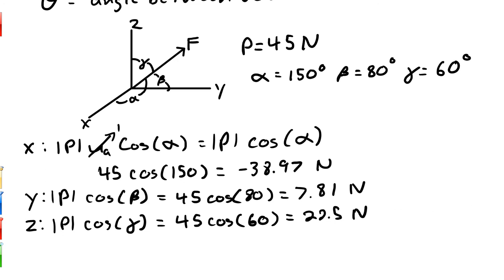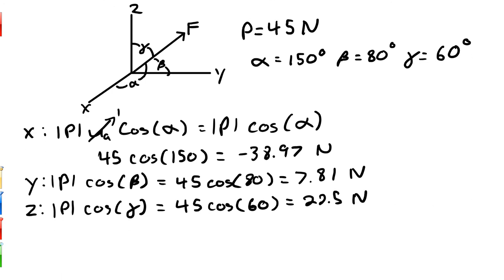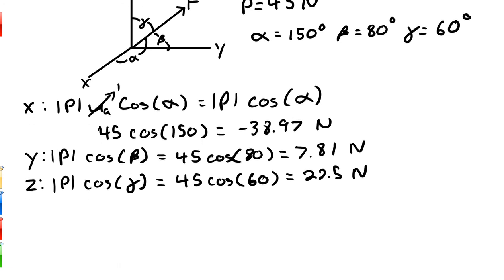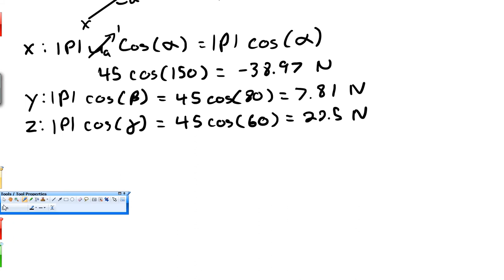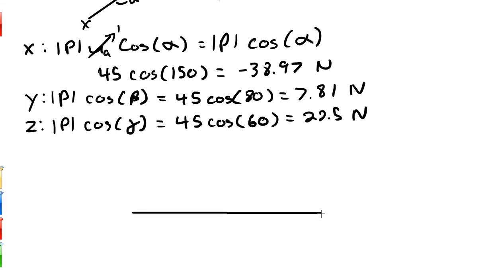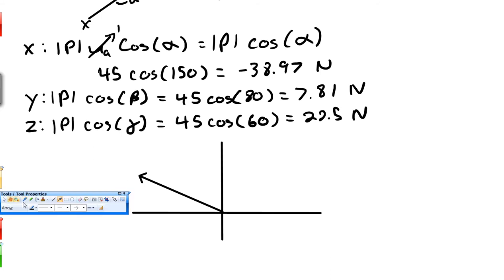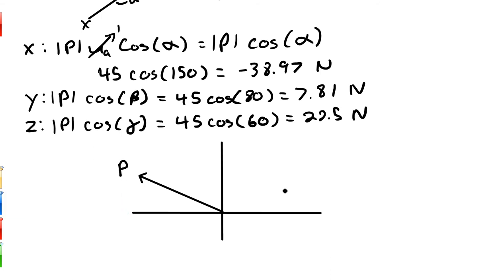So you might look at this and figure, well, why is x negative and the other ones are not? Well, if you can mentally position yourself above the xy plane, you have your x-axis here and your y-axis here, and you've got your force coming off this way. This is going to be your force P, and this is going to be your positive directions, y and x.